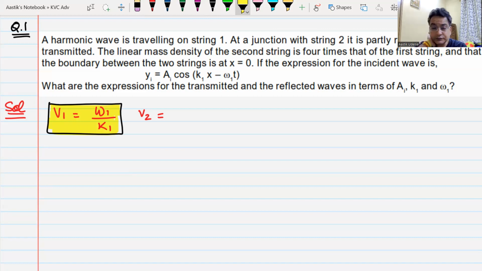K changes. What does not change? Omega. What is the formula of velocity in the second medium?